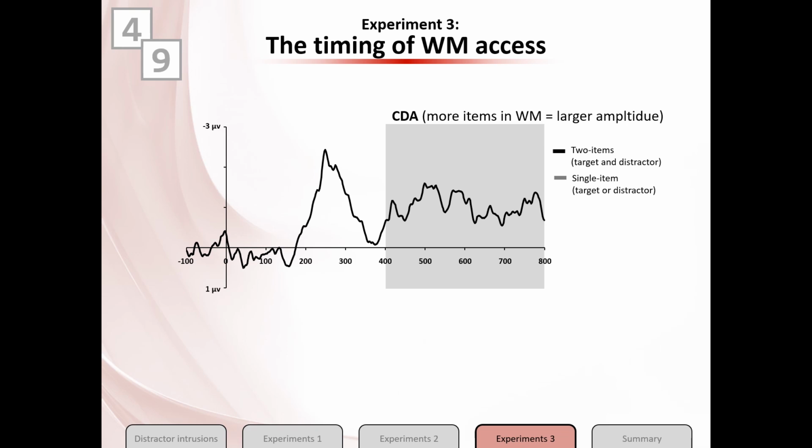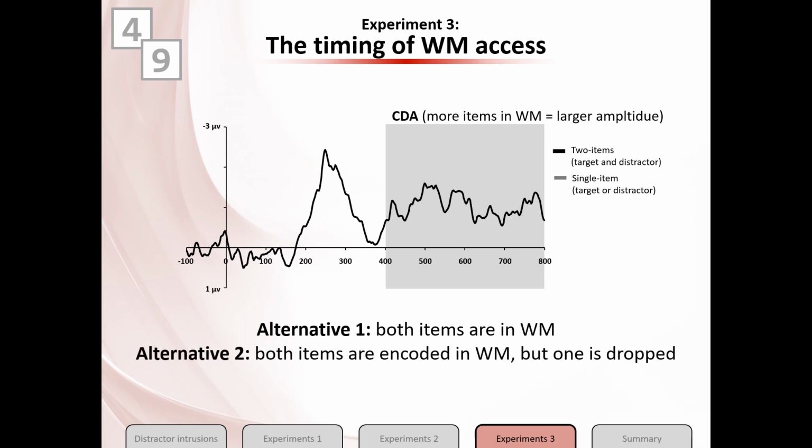That is, trials where either the target or the distractor were reported. Here are the options. If, for whatever reason, both items were encoded in working memory but could not be reported, then we should expect the same CDA amplitude on single item trials as two item trials.